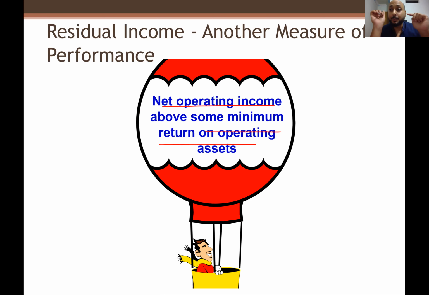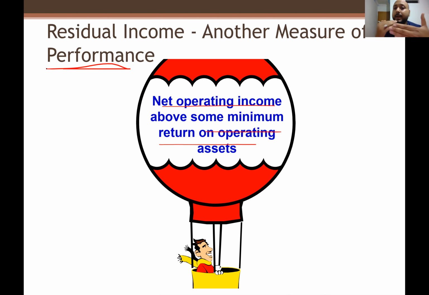So in order to eliminate that problem in which the managers may overlook a profitable opportunity because they are not interested because of ROI, their perks and benefits, their performance goes down. So they devise another performance measurement method, which is residual income.